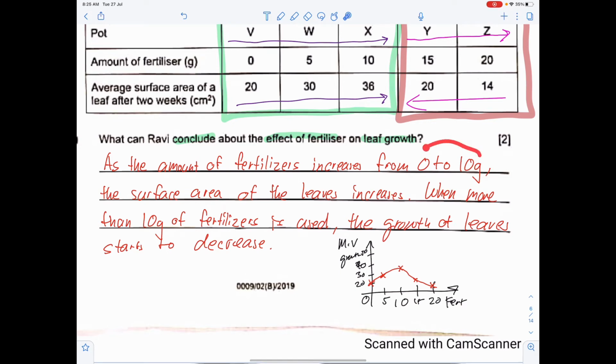So half mark for stating the values together with the trend, okay, for each one. So therefore it's very important that you state, okay, and correct identification is 10 gram, not 15. Okay, and I show you how to do it already. I know it from the table it looks like, oh, only at 15 start to drop, so I should say 15. Okay.